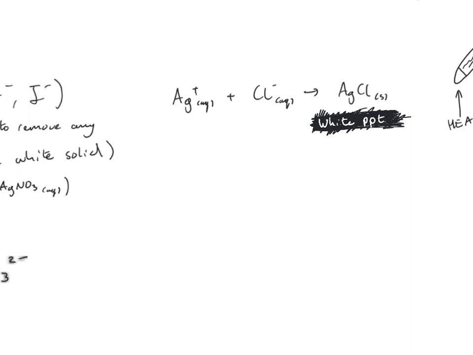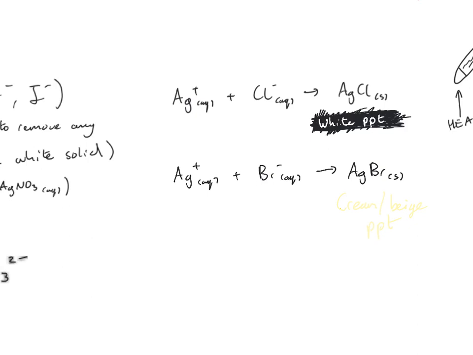If we then react it in the presence of bromide ions, you get silver bromide precipitate, which is a solid, and that gives you a sort of odd beige colour. So I'm just going to have a go at trying to find a beige colour. So we sort of have a cream or a beige precipitate.